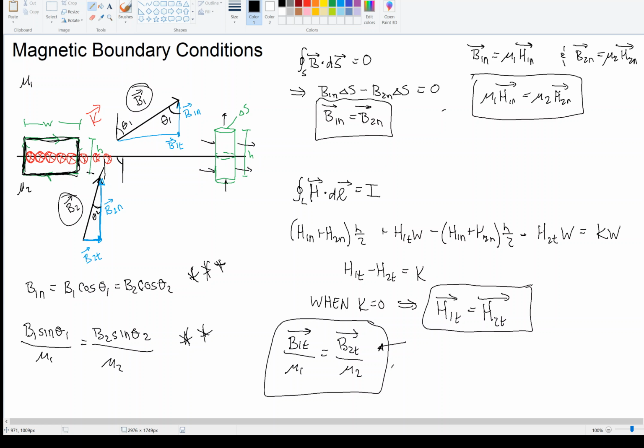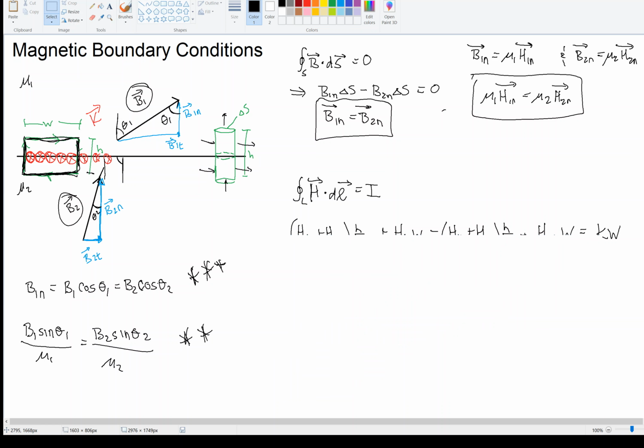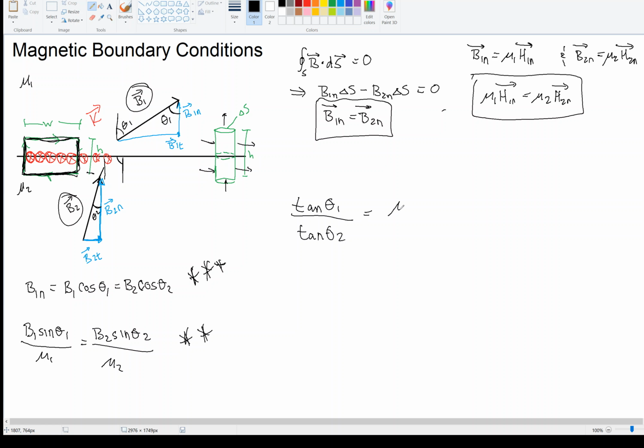Sines over cosines is tangent, leaving just the mu's, and lo and behold, tangent of theta 1 over tangent of theta 2 equals mu 1 over mu 2. Nice. That is Snell's law of refraction, but for magnetic fields.